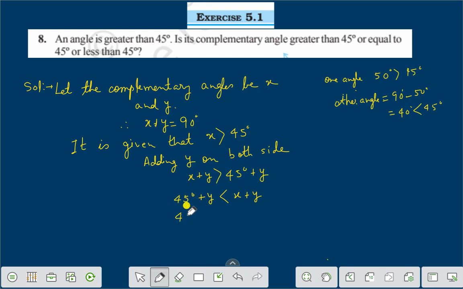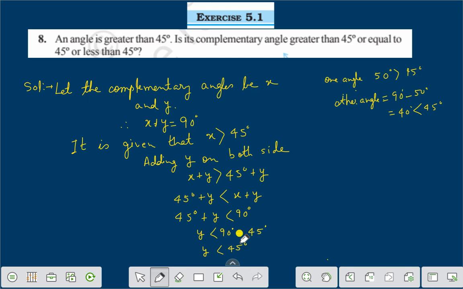Therefore, 45 degrees plus y is less than 90 degrees, right? Therefore, y should be less than 90 degrees minus 45 degrees. Or you can say that y is less than 90 minus 45, which is 45 degrees. y is less than 45 degrees.